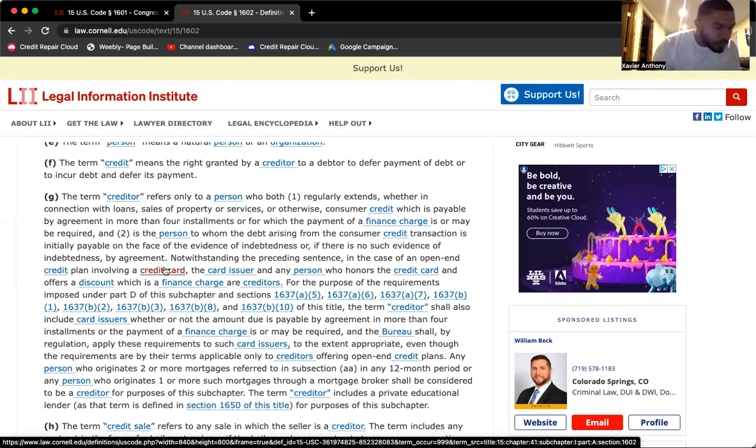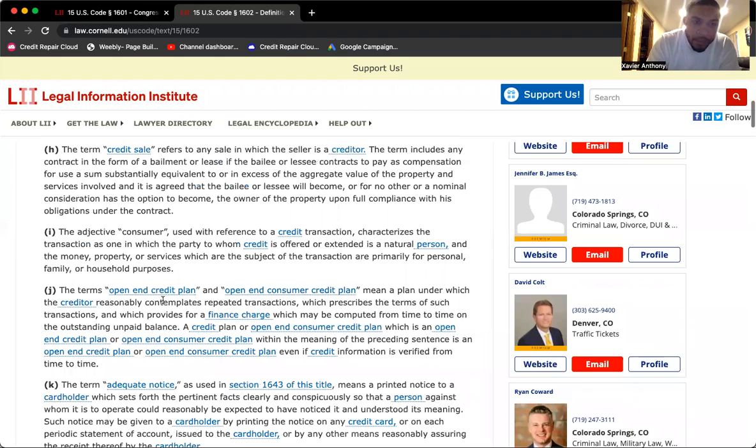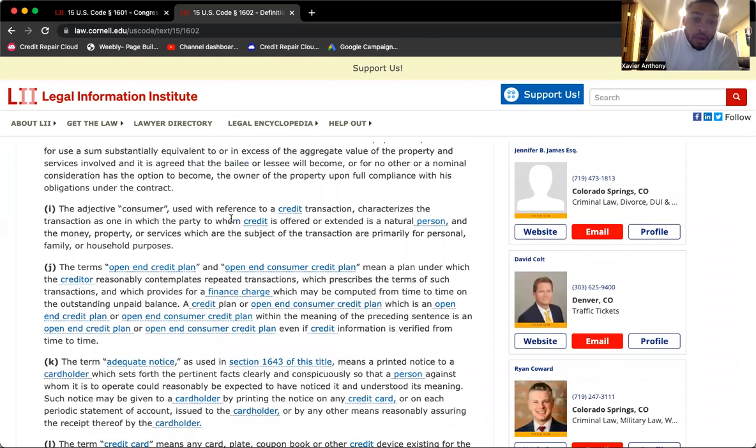Excuse me. All right, let's keep moving. I. The adjective consumer used with reference to a credit transaction characterizes the transaction as one in which the party to whom credit is offered or extended is a natural person, and the money, property, or services which are the subject of the transaction are primarily for personal, family, or household purposes.